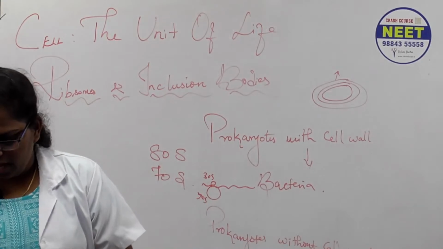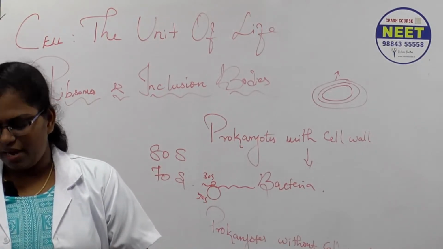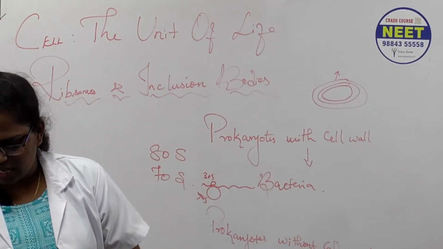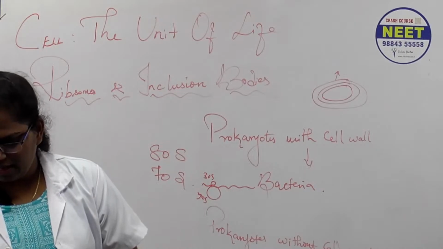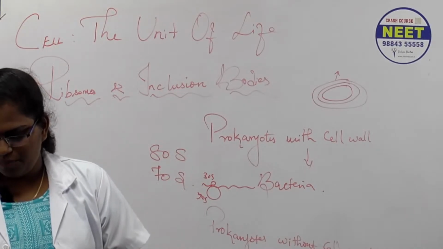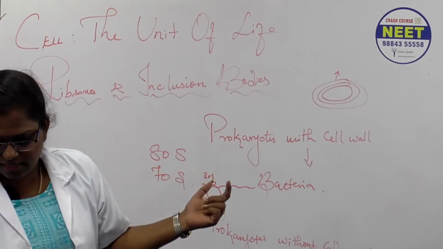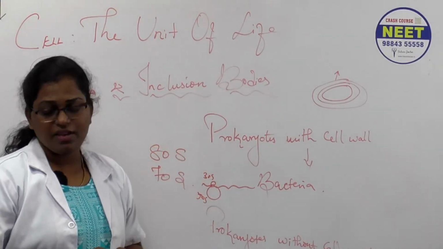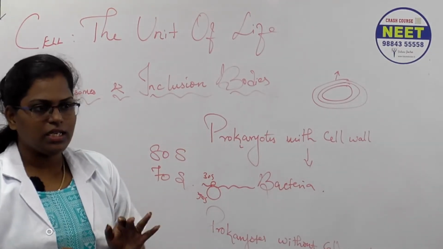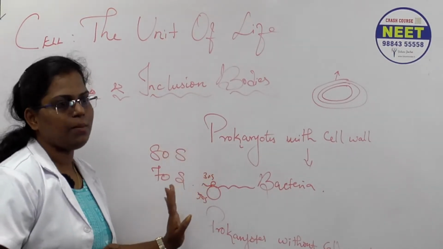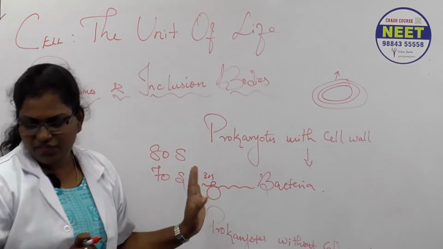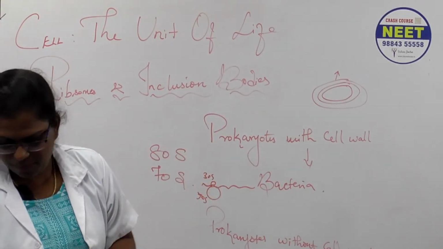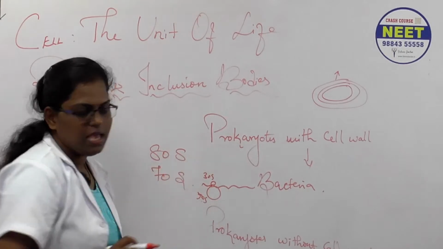They are about 15 nanometer by 20 nanometer in size, and they are made of two subunits, 50S and 30S.